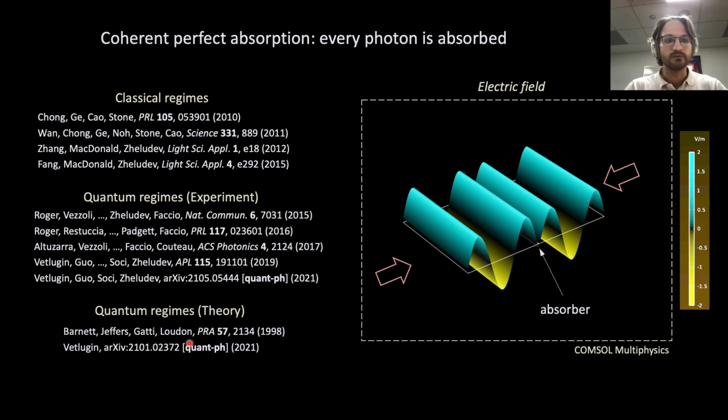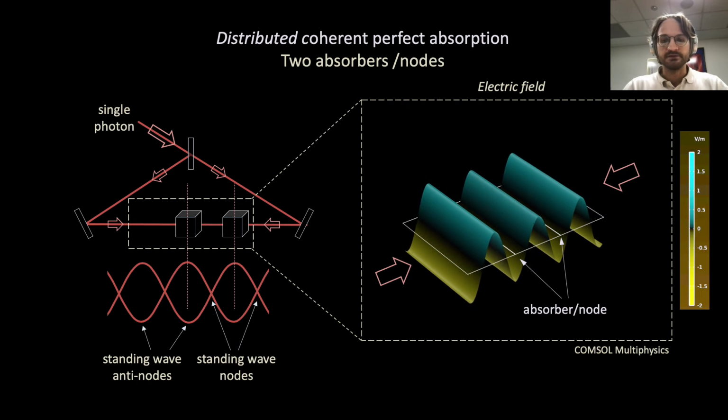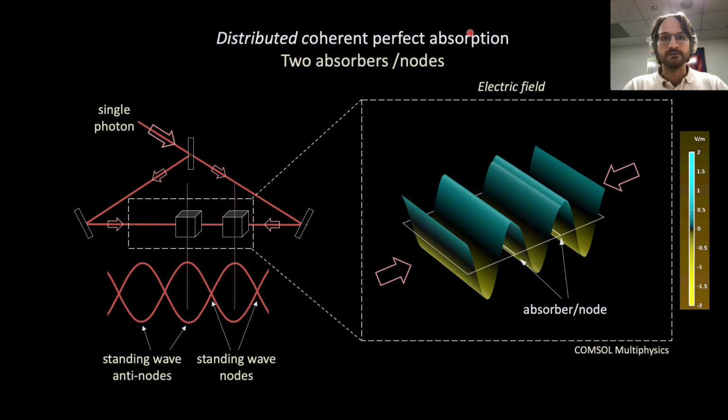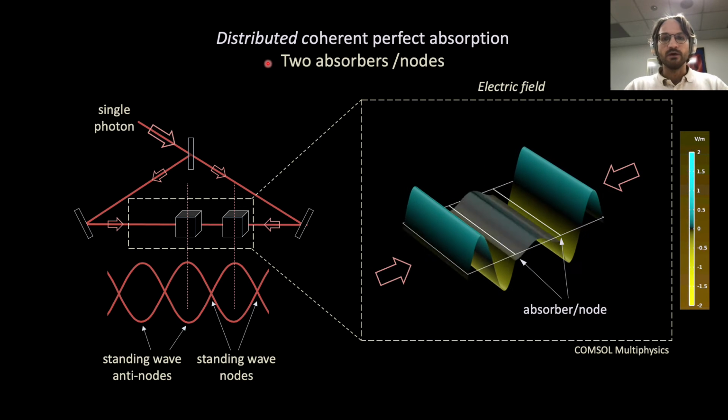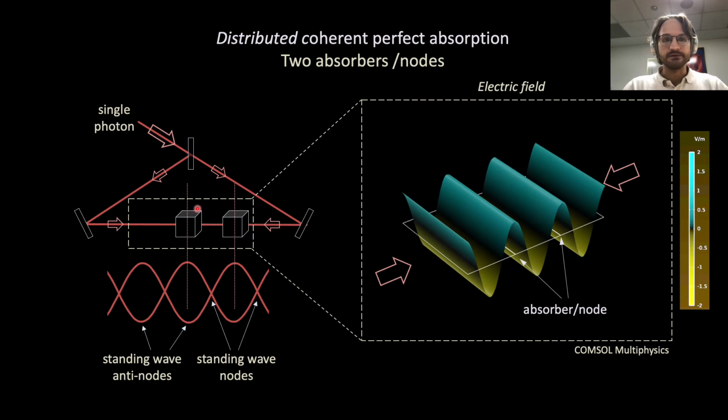From a theoretical point of view, this problem may be traced back to this paper of Loudon and colleagues. And recently we developed a unified description of this phenomenon for different quantum states of light. In this talk, we extend this phenomenon to the regime of distributed coherent perfect absorption, where we split the single layer absorber into multiple layers.